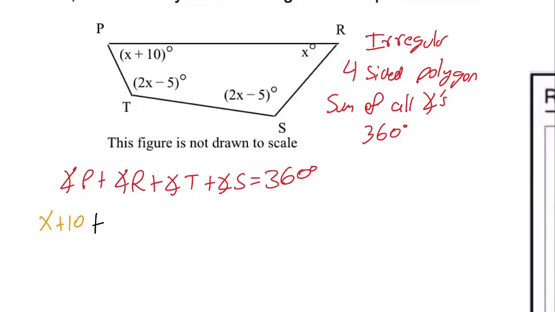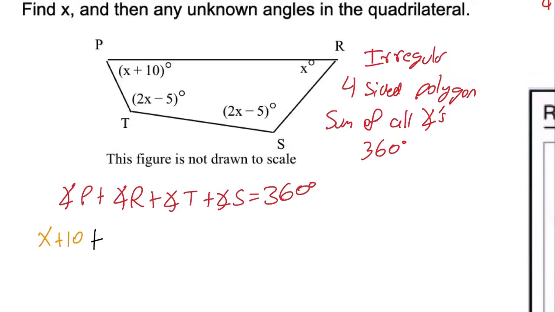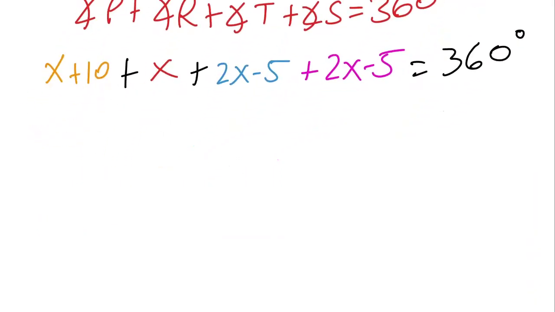Angle R is just x. Angle T is 2x minus 5. And then angle S is 2x minus 5. So technically, those will be congruent since they both equal the same thing. All right, does anyone have any questions?